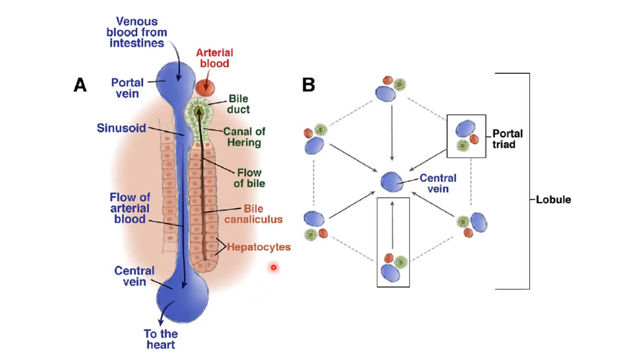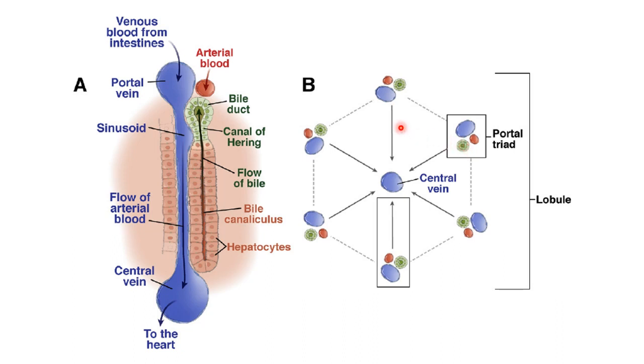So, let's focus on B. This is the hepatic lobule. It classically forms a hexagon with the central vein in the middle. And this is your portal triad: microscopic branches of the portal vein, artery, and bile duct.